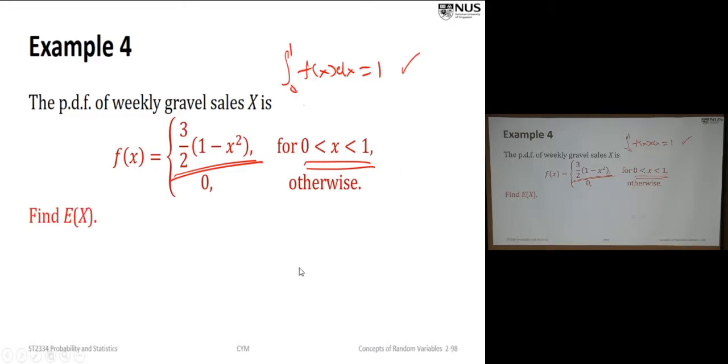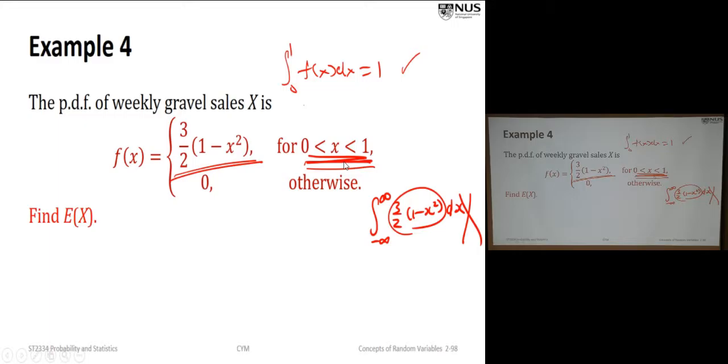All right, what's the expectation of x? Now, I saw many times students just say, oh, expectation of x, integrate 3 over 2, 1 minus x squared dx, from minus infinity. Now this is wrong. Many mistakes here. First of all, this f of x is only valid for x between 0 and 1.